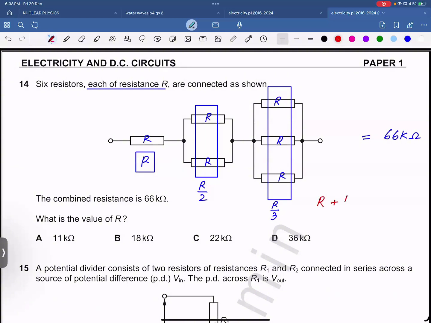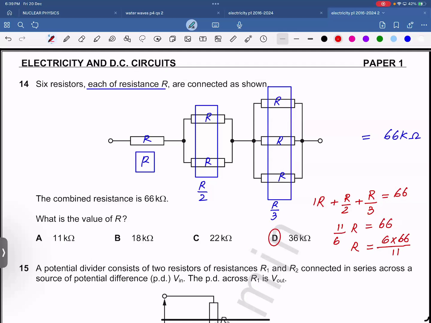R plus R over 2 plus R over 3 is equal to 66 kilo. I will keep kilo. Use your calculator: 1 plus 1 by 2 plus 1 by 3 gives 11 by 6 R equals 66. Now calculate 6 times 66 over 11, which is 36 kilo.